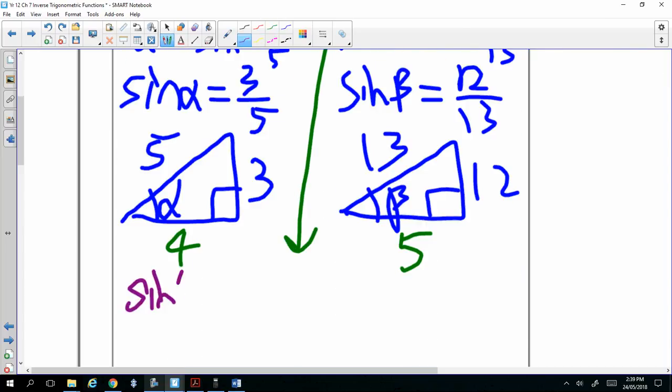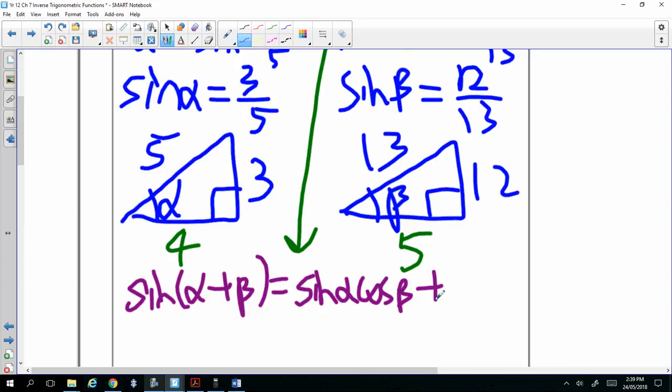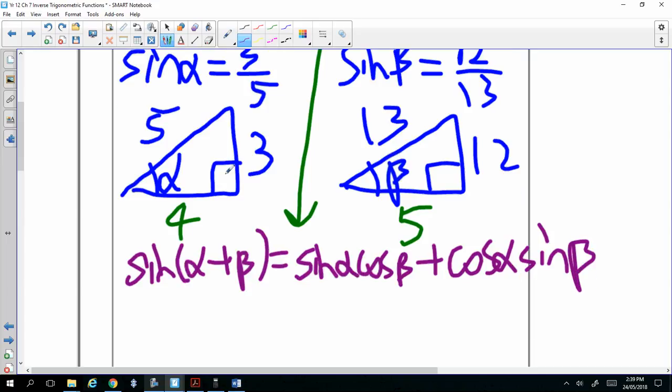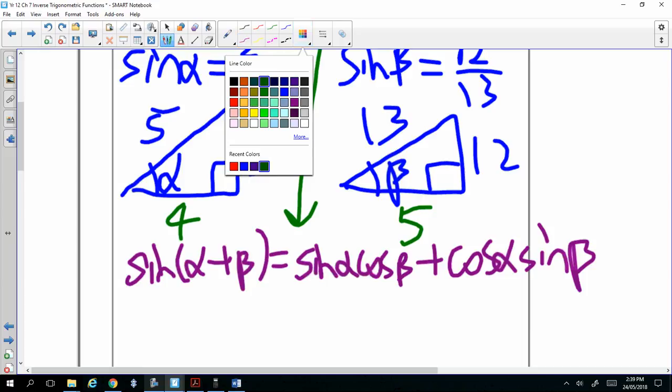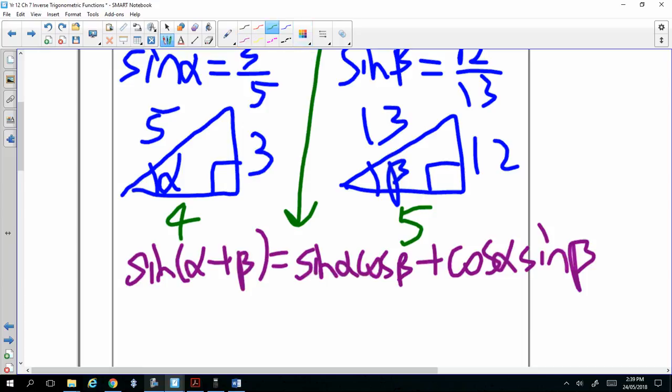Which means I can use these triangles to help me. So sine alpha is 3 over 5. Cos beta is 5 over 13. Is that right? Maybe. Yeah, I think it's right. Plus cos alpha is 4 over 5. Sine beta is 12 over 13.